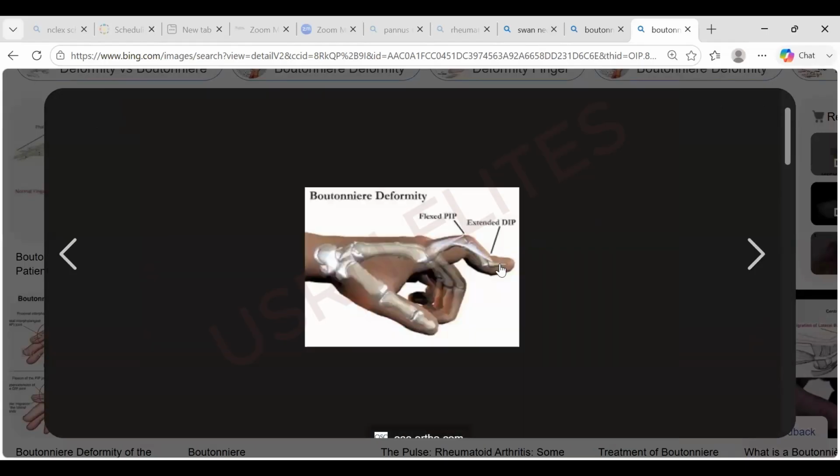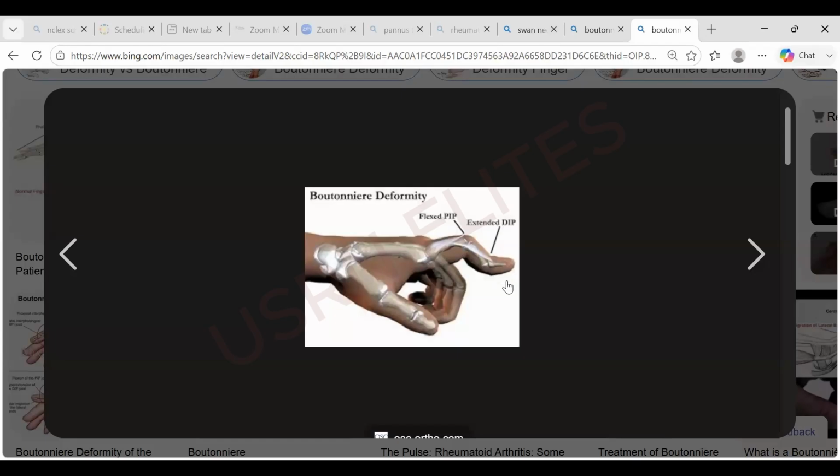See, this one is extended, the distal one is extended, and then the proximal, the PIP, the proximal interphalangeal joint, is what? Flexed. So that one is the opposite of what? The swan neck.